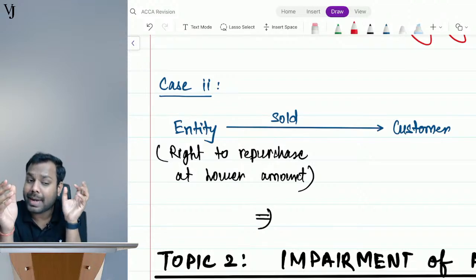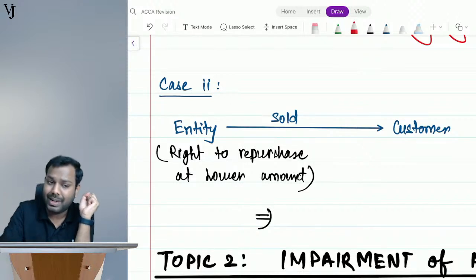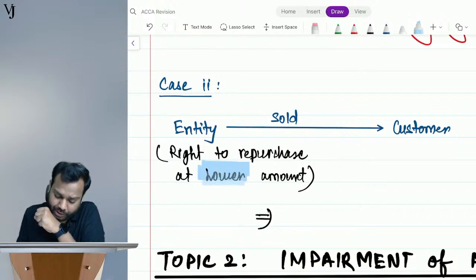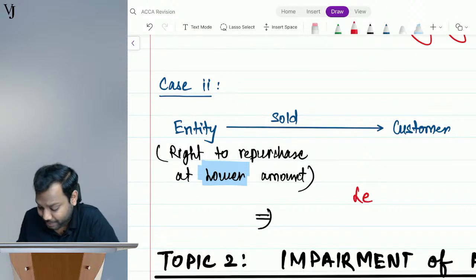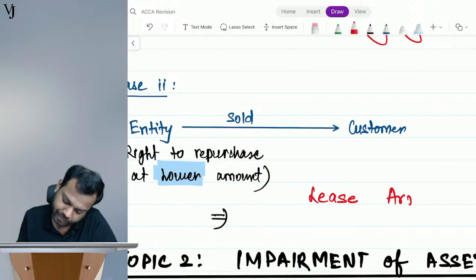That means I got a net of 10, and you got the right to use the asset for 1 year. So it's a lease transaction, a lease arrangement.